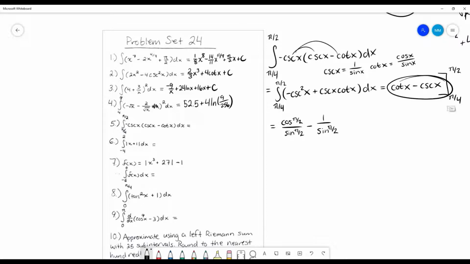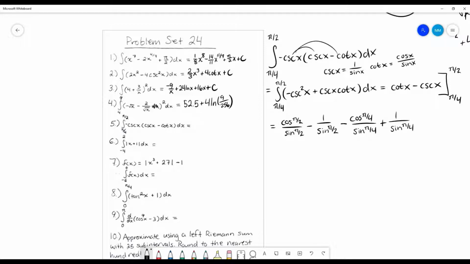And then we're going to subtract this with that plugged in, so it's going to be minus cotangent of pi over 4, which is then this. And then minus this part as well, but those cancel out, so it turns into a plus.